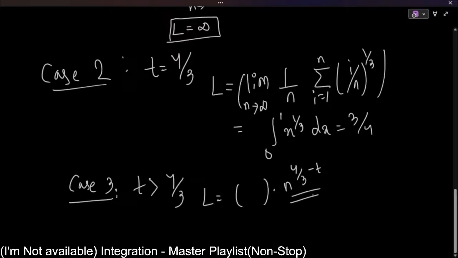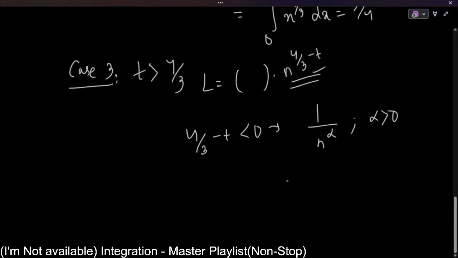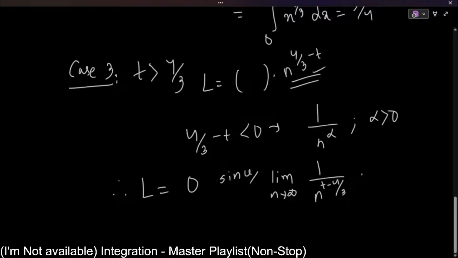But now this term converges, because 4 by 3 minus t is negative, and this means that this term is basically 1 by n to the power alpha for some alpha greater than 0, and this term will always go to 0. So in that case, L becomes 0, since limit n tends to infinity 1 upon n to the power t minus 4 by 3 is 0 because t is greater than 4 by 3, right?